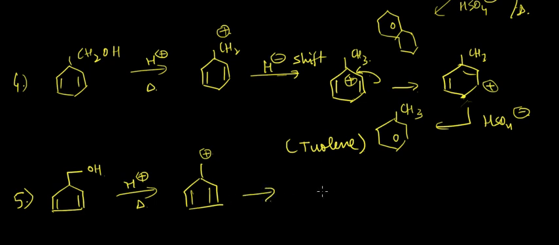Okay, now what will happen is, we can actually get negative charge on this carbon atom and positive charge on this carbon atom to form a cyclohexane, and in that cyclohexane, what will we be getting? Something like this.